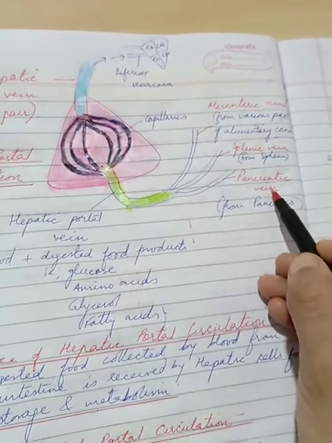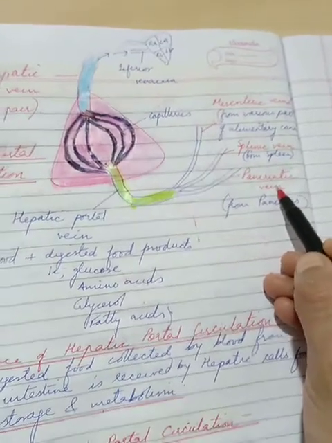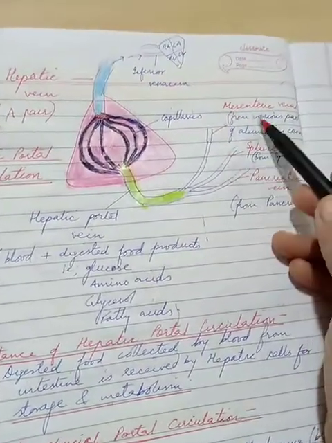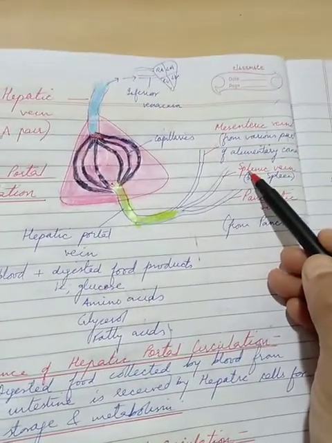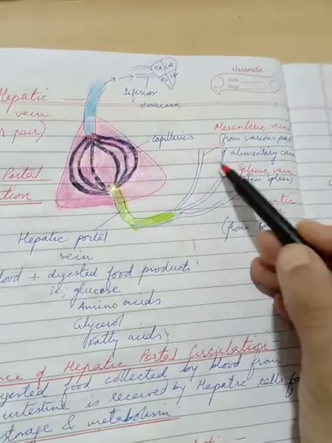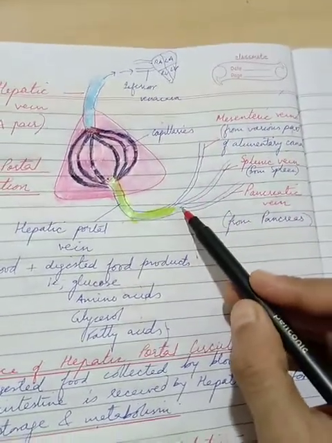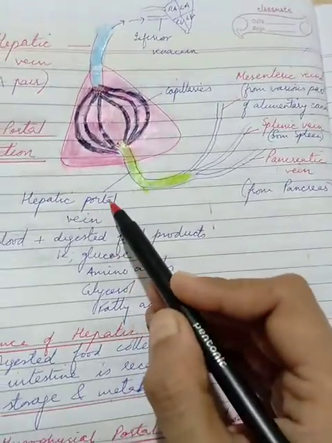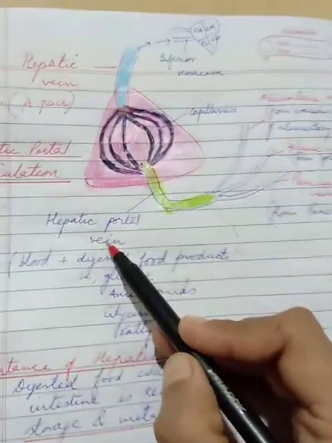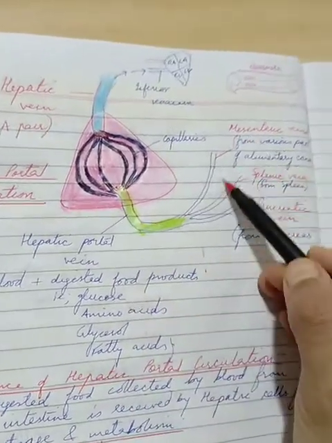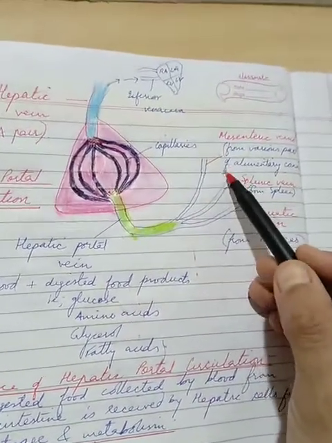So what happens, children? In the hepatic portal system, you have to understand that three different types of veins, mesenteric, then splenic and pancreatic, they are all joining first. You can see that they are all joining into one to form the hepatic portal vein. This vein carries the blood from various parts of the digestive organs.